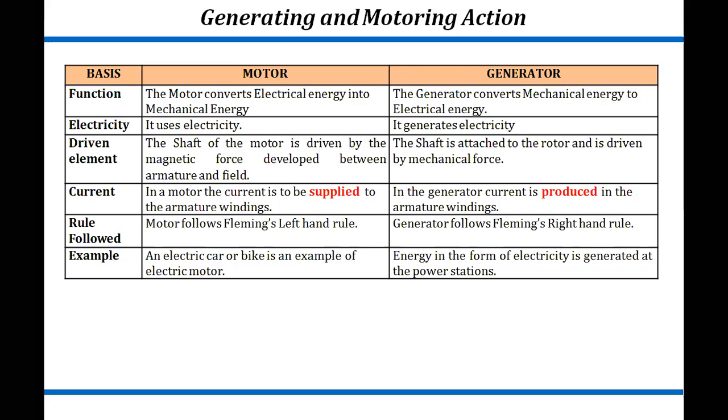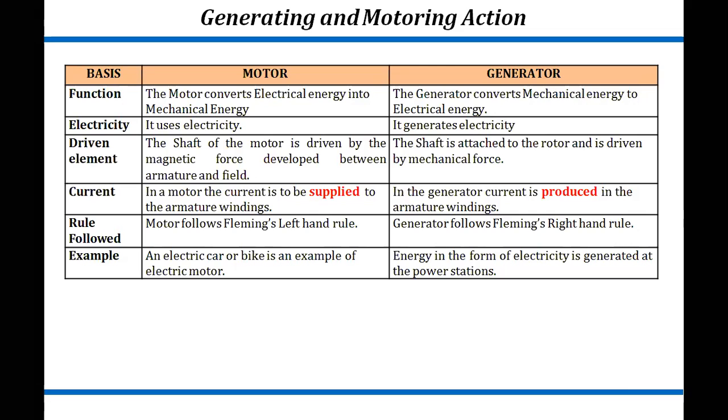So we are supposed to use the DC machine either as a DC motor or as a DC generator. In our syllabus, we are supposed to study the DC generator and the DC motor.